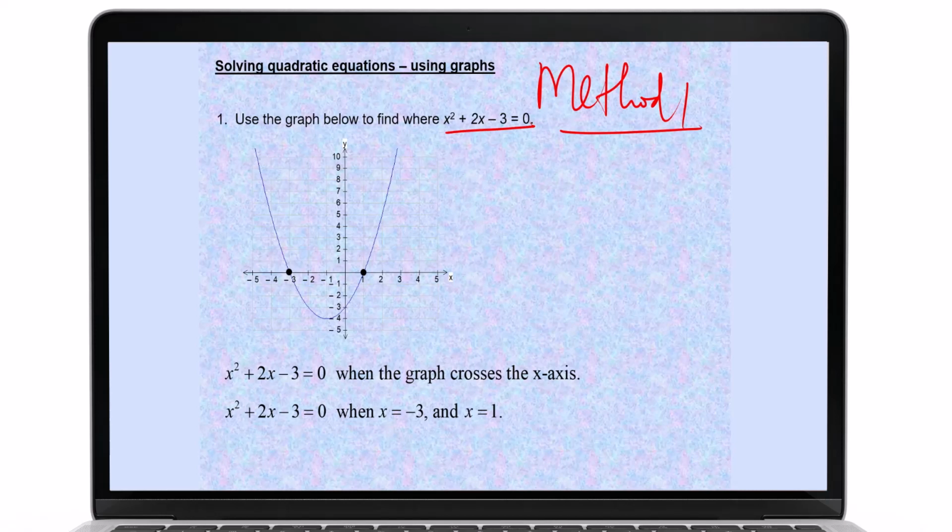Therefore, the solution to this quadratic equation using the graphical method is x equals -3, which is one point where the graph cuts the x-axis, and x equals 1. So it cuts the x-axis at 2 different points, and these are the solutions. That is how you work it out using the graph.